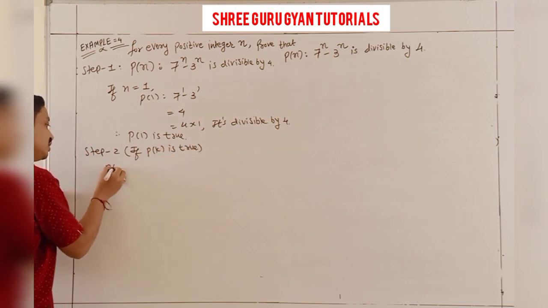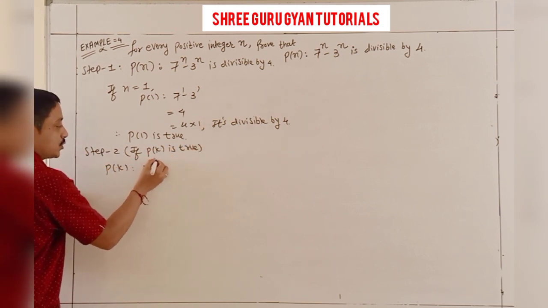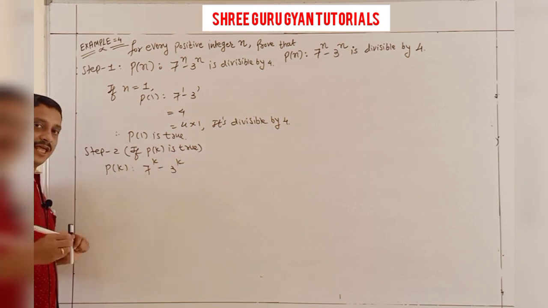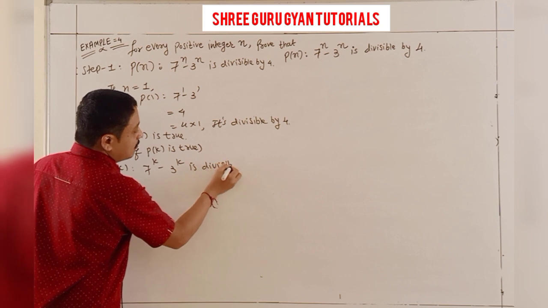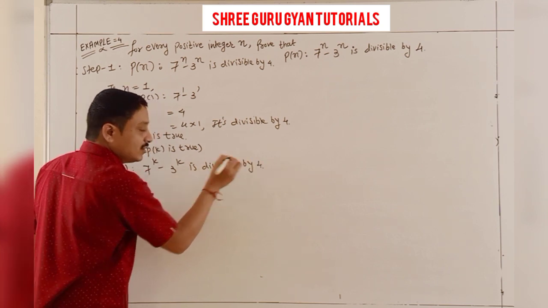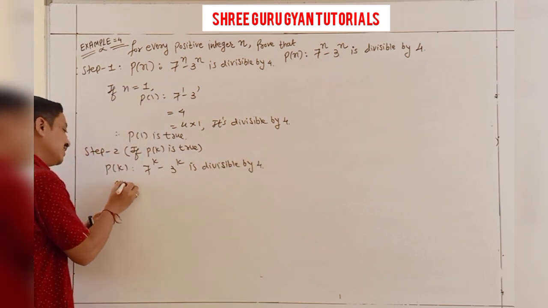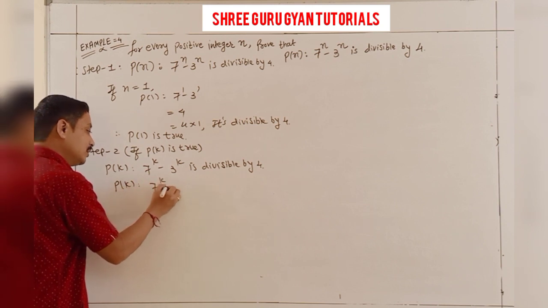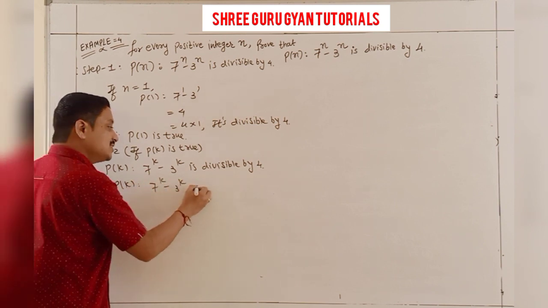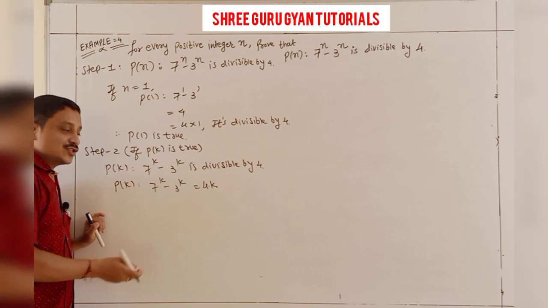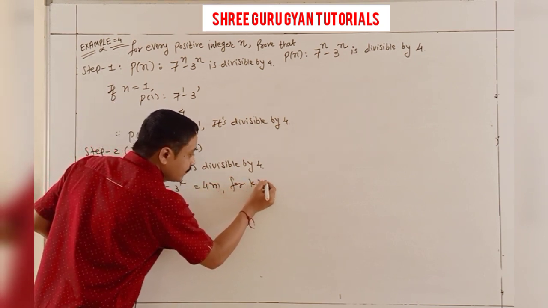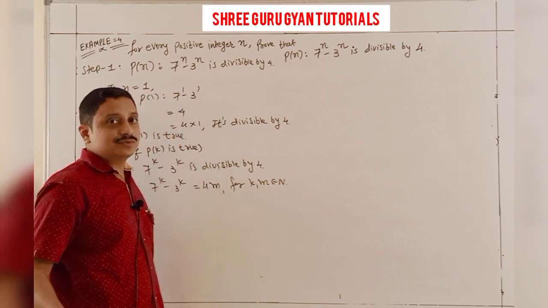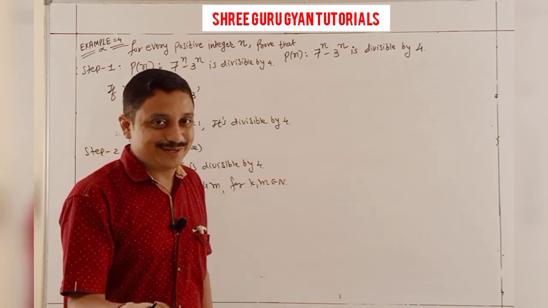Now step 2. If Pk is true, so how do you write P of k? 7 raised to k plus 3 raised to k is divisible by 4. In other words, I write that it is equal to 4m, for k and m belonging to any natural number.